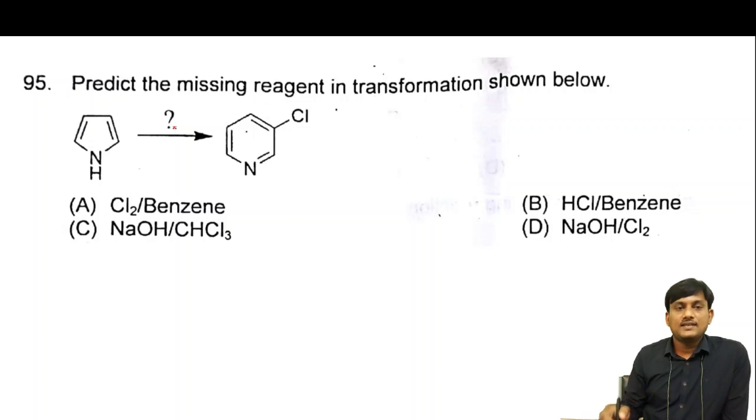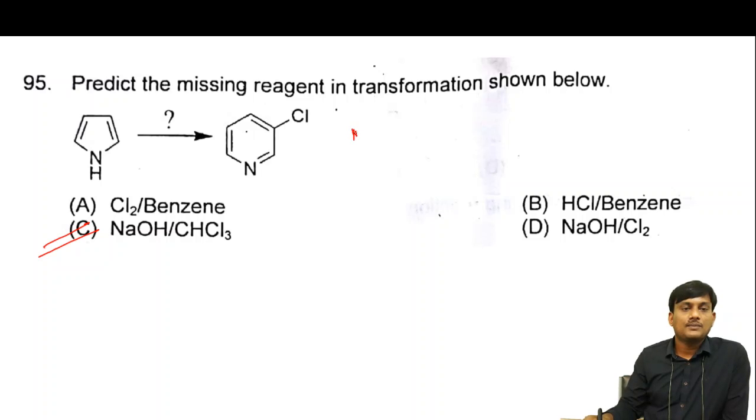Predict the missing reagent in the transformation shown below. Okay, what is the reagent? This is NaOH, CHCl3 as the reagent. In this case, there is a formation of chlorination. Suppose if you take NaOH, CHCl3, okay, it's a Reimer-Tiemann type of reaction.